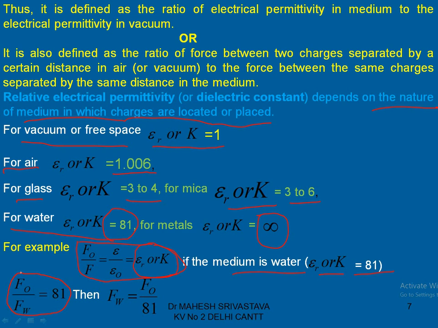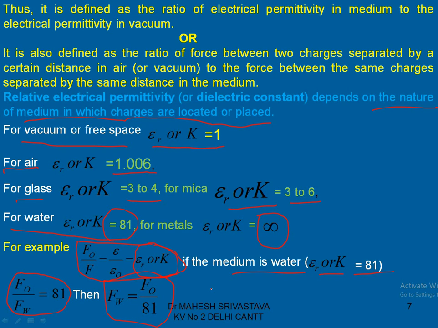Fw is the force in medium water between the 2 point charges. Then rearrange it and you will get Fw equal to F naught upon 81.